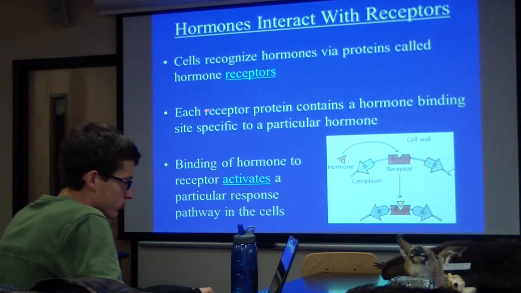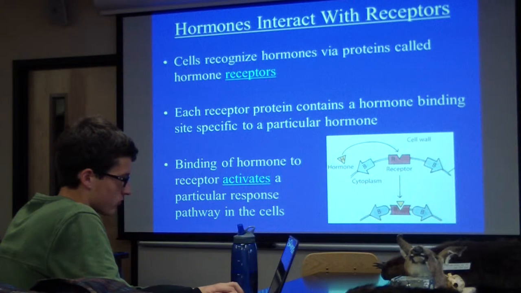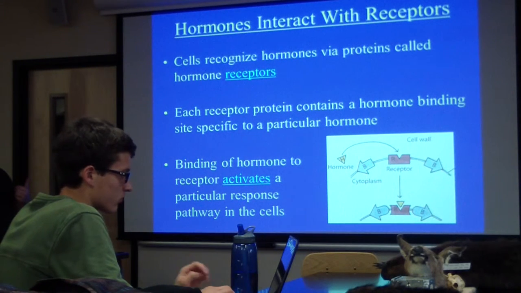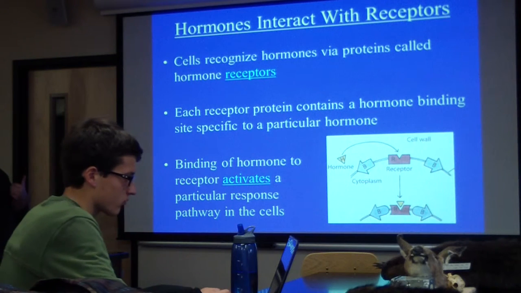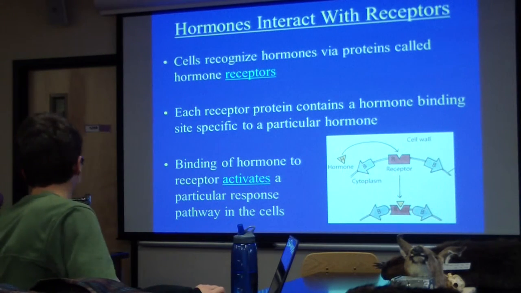All right, now, building on that list, one of the ways, or the primary way, that cells recognize hormones is by way of proteins called hormone receptors. And many times these hormone receptors are found on the cell membrane. So hormone receptors.